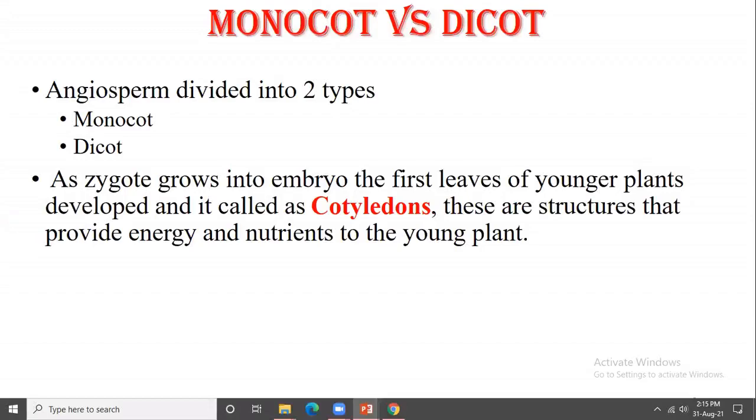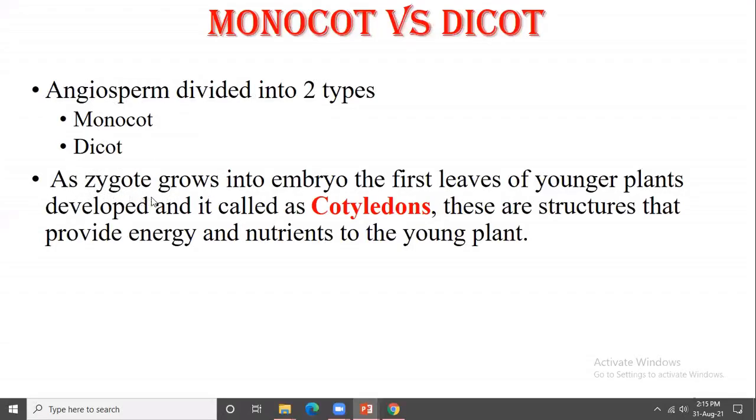In A level you studied 2 types of flowering plants. One is angiosperm, another one is gymnosperm. It means flowering plants and non-flowering plants, no? Under the angiosperm, there are two types, monocot and dicot.